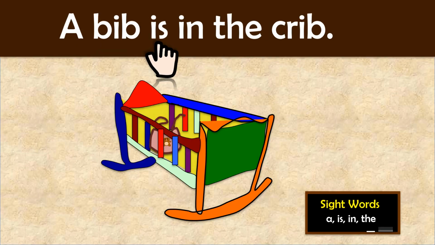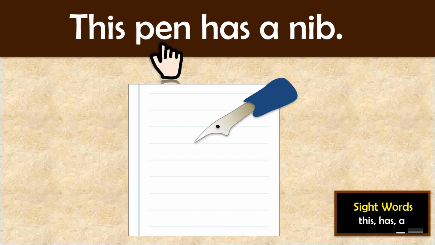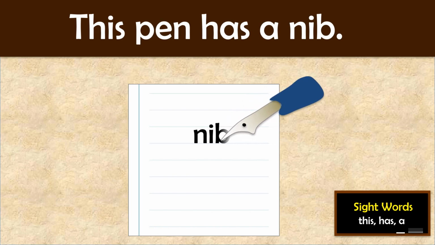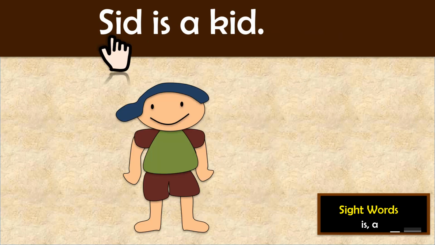A bib is in the crib. This pen has a nib. Sid is a kid.